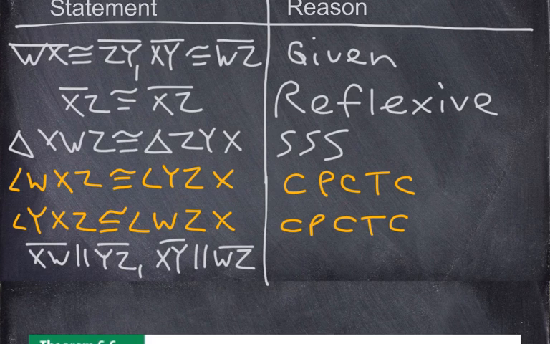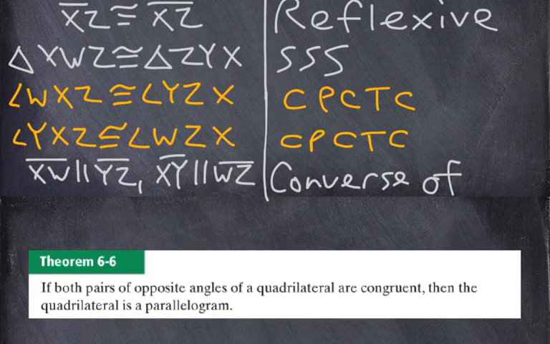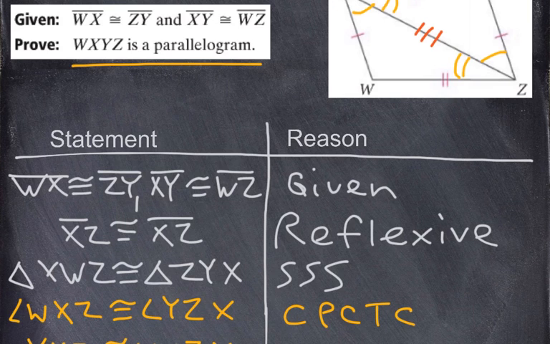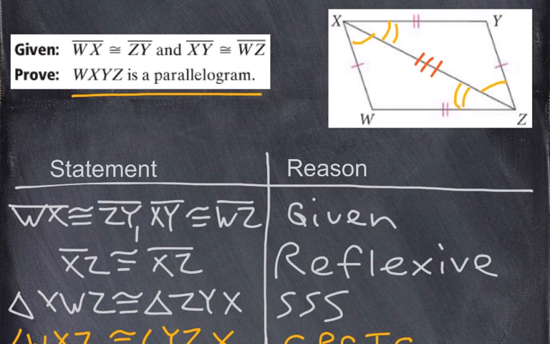And the reasoning behind that is the converse, and again this is stuff that we've done, the converse of the alternate interior angles theorem. It says if alternate interior angles are congruent, then the sides must be parallel.